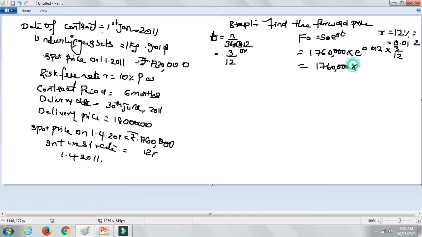17,60,000 into e power 0.03. If you calculate this, it will come to this. Okay. So if you check the value of e^0.03, it will come to 1.0305.